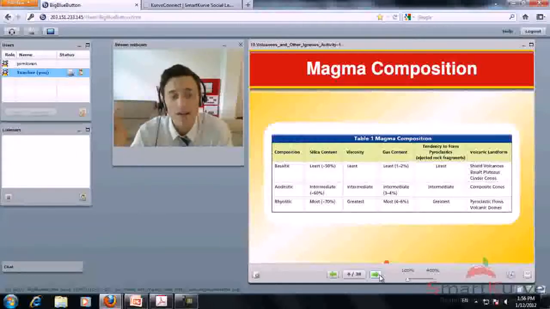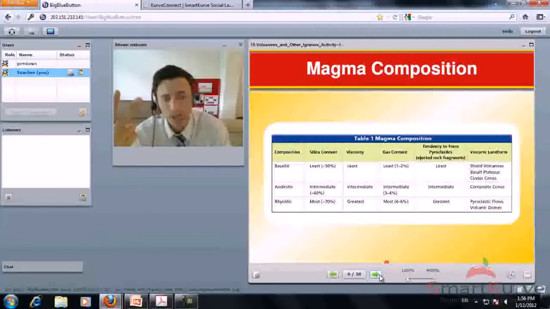It's going to have more of those alkali metals like sodium and the alkali earth metals like magnesium and calcium. So the alkali metals, sodium and potassium, the alkali earth metals, magnesium and calcium, and more of the transition metals like iron, cobalt, nickel, and aluminum.